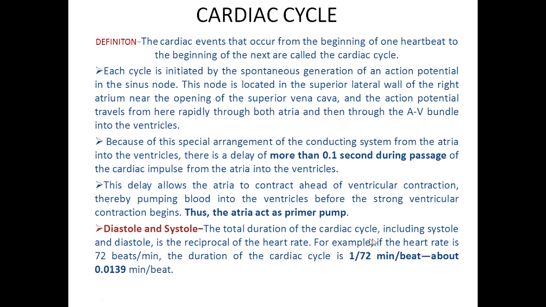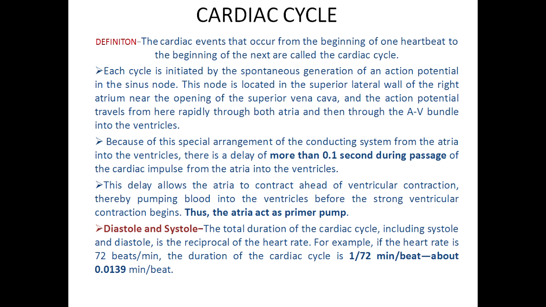The total duration of the cardiac cycle, including systole and diastole, is the reciprocal of the heart rate. For example, if the heart rate is 72 beats per minute, the duration of the cardiac cycle is 1 per 72 minute per beat, about 0.0139 minute per beat. If we count our heartbeat, it normally ranges up to 72 per minute.